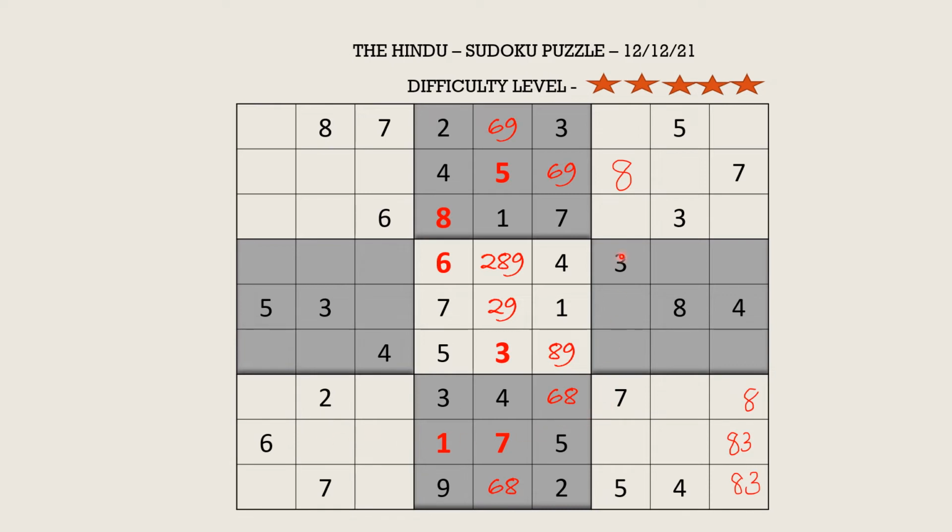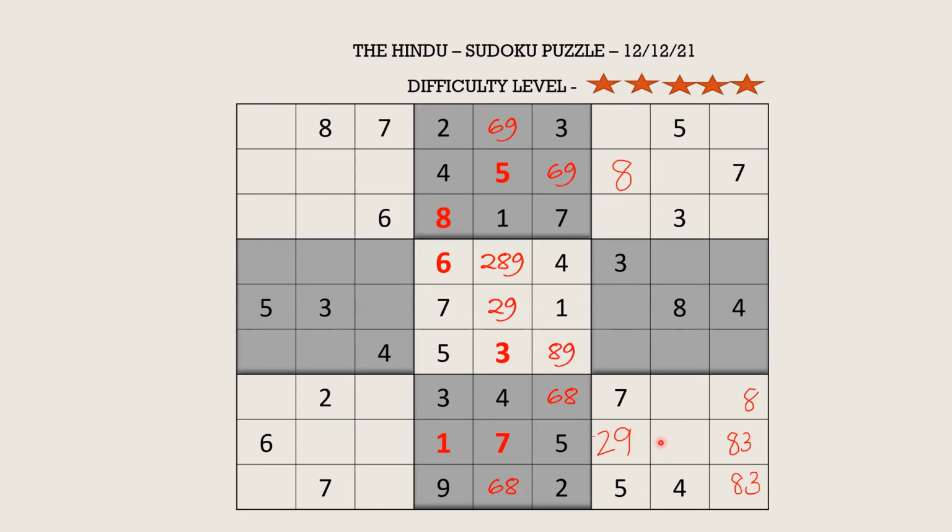See, there is 1 here, so this cell can take a 2. It cannot take a 3, no 4, 5, 6, 7 or 8. It can take only a 9. So for a harder puzzle, this kind of observation definitely works.